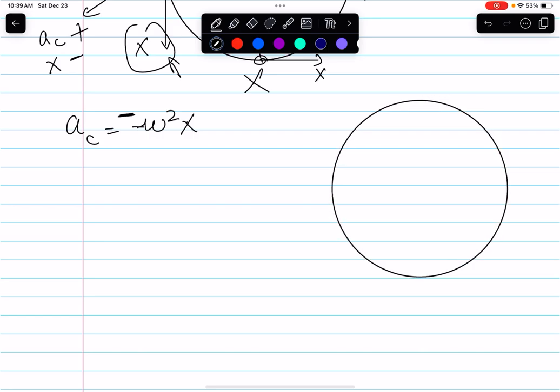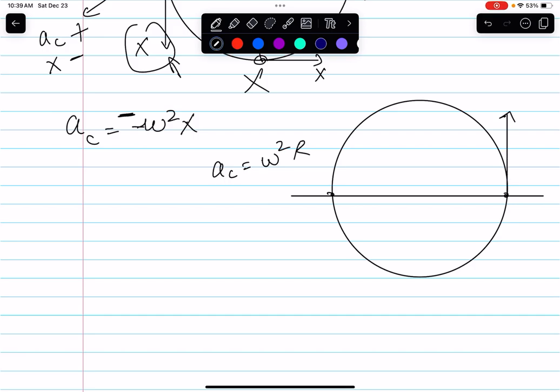And then the last thing, which we ended up getting, is that the centripetal acceleration is omega square r, but we saw that if we only care about the x dimension, then if x is positive, acceleration is negative, and in this x dimension, if x is negative, so if the object is going in the negative x direction, then acceleration is positive because it's acting in the positive x direction.